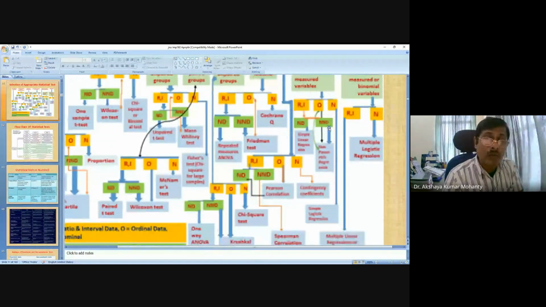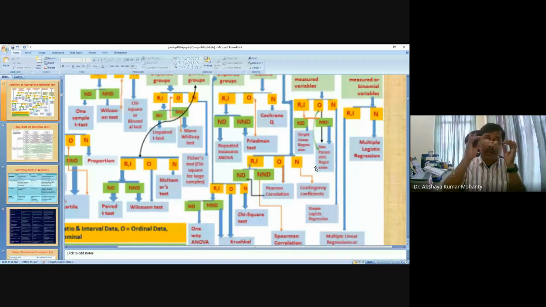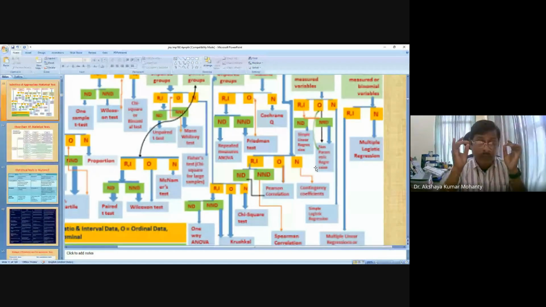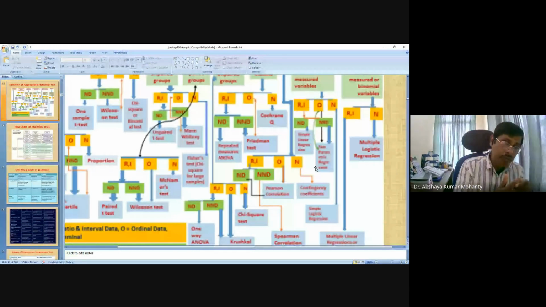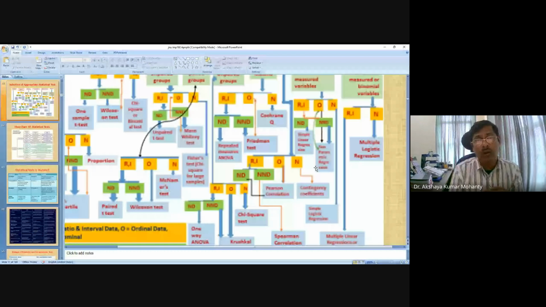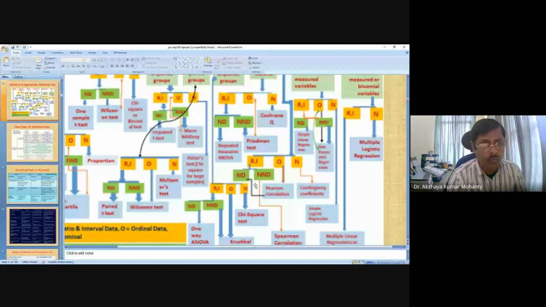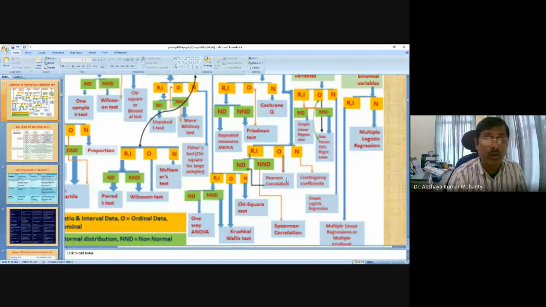First of all, you see whatever data you have collected, whether that data set is under the ratio block, ordinal block, or nominal block. If it is ratio block, same formula we have to use. It might be under the normal distribution, it might be under the non-normal distribution. If it is under the normal distribution, you can use the Pearson correlation coefficient, what I discussed in the previous slide.